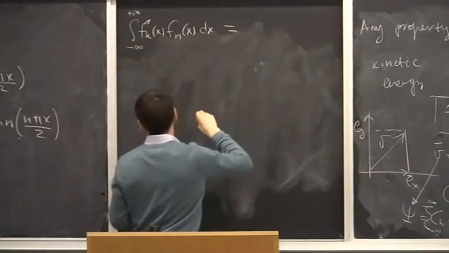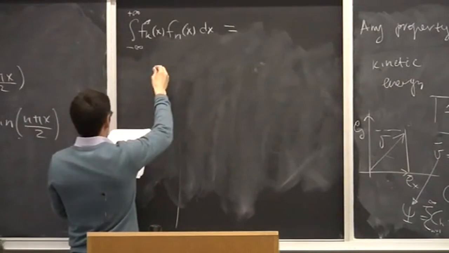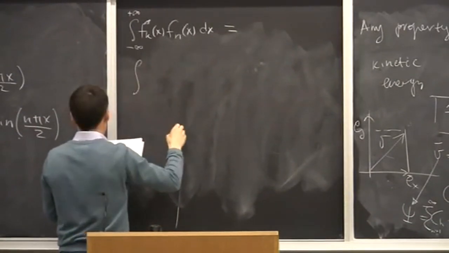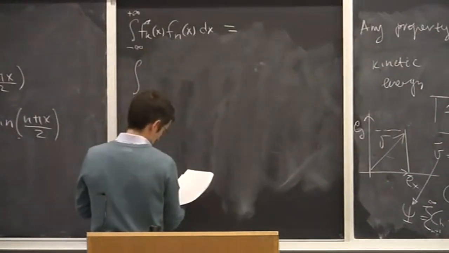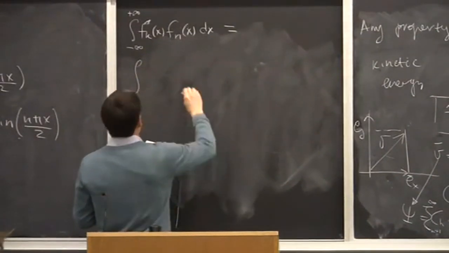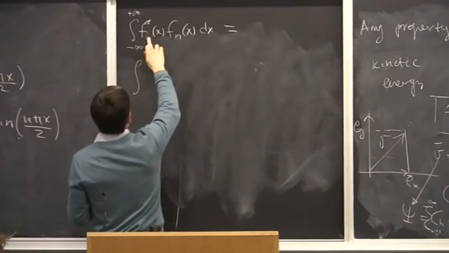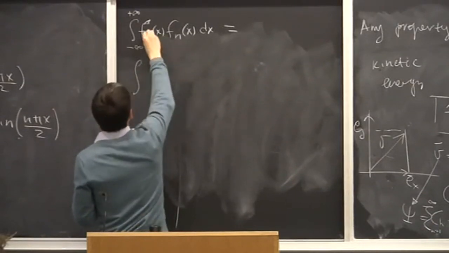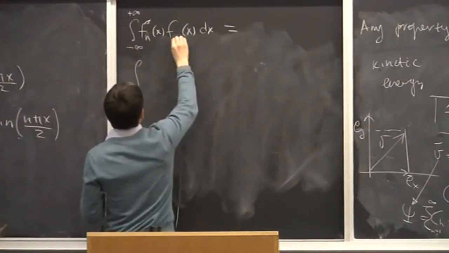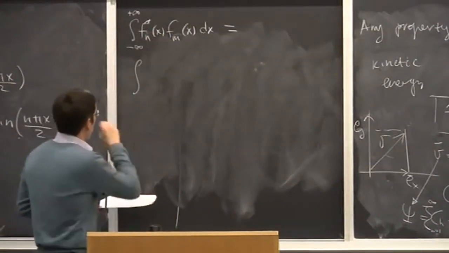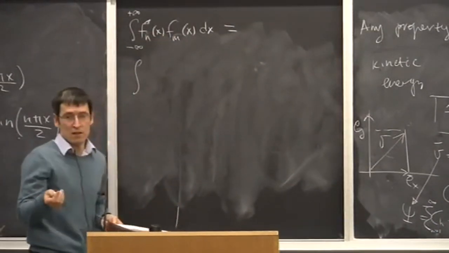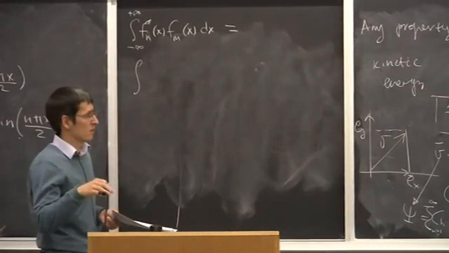So what is this integral? Well, this integral is, and let me, in my notes I have n and m, so I will use n and m so that I will not confuse you. But it's the same thing.